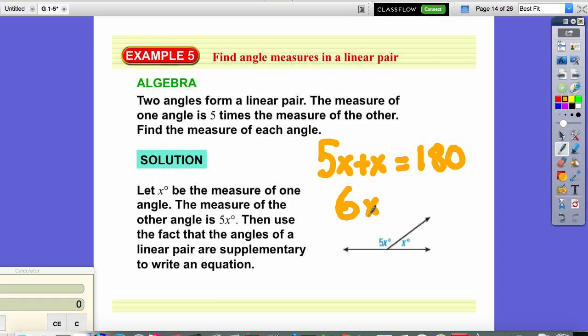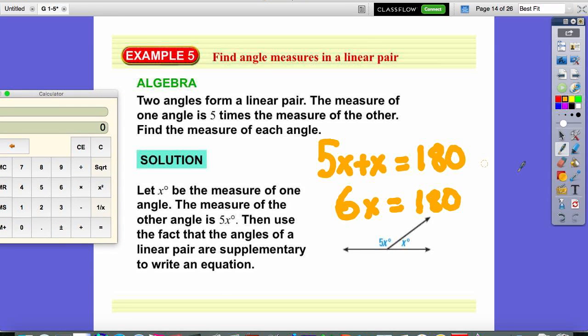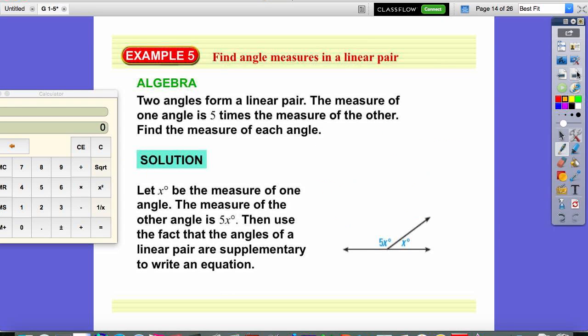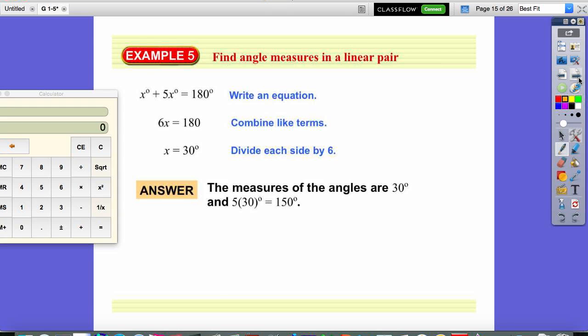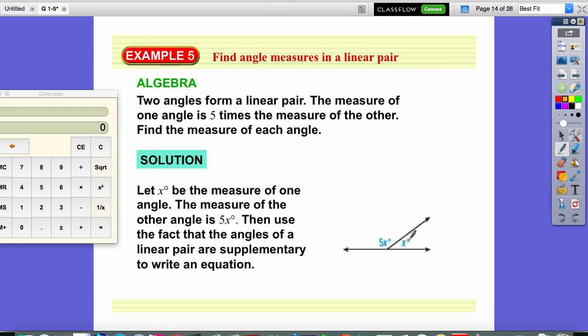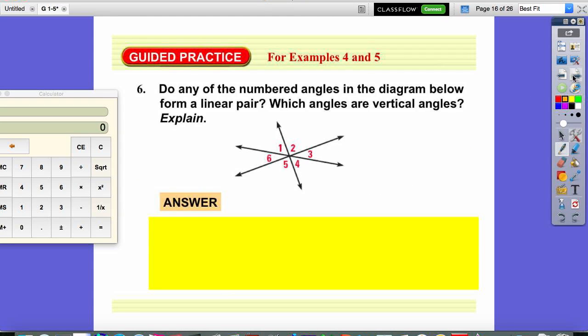So 6x equals 180. And 180 divided by 6 is 30. You can do that in my head. Okay? And so this would be 30. This would be 150. 30 plus 150 does add to 180.